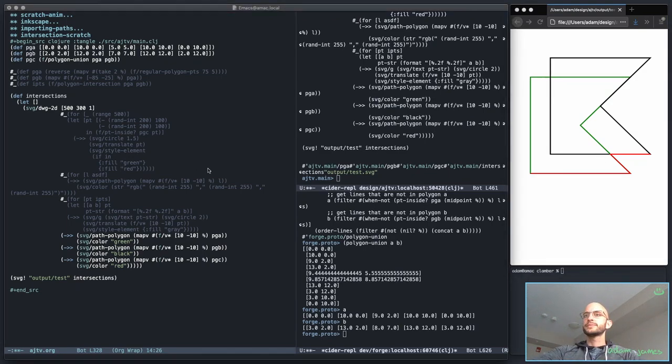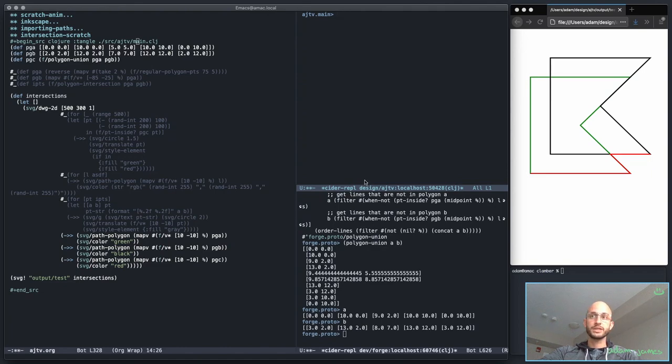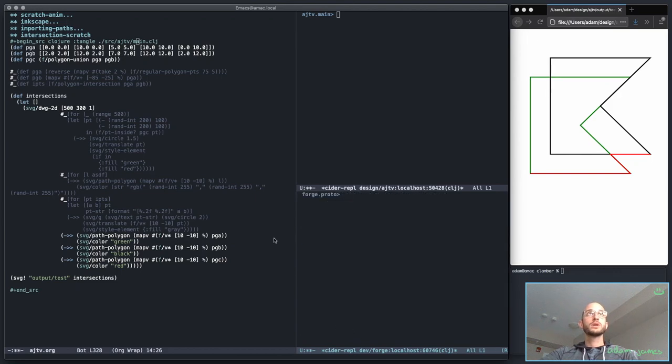Okay. Let's see here. Right, so I have two REPLs open here. Let me clean that out a little bit and clean this one out. And I'll pull these definitions into my lower REPL instance here. A, B, should be fine.